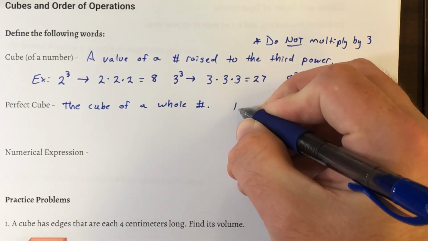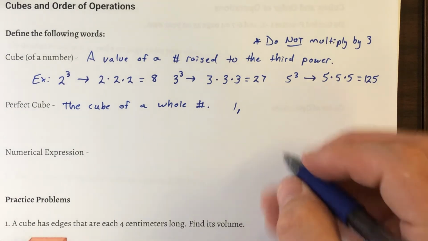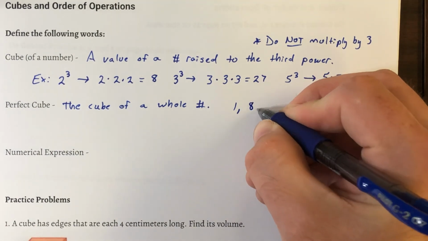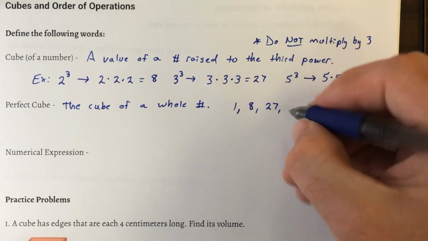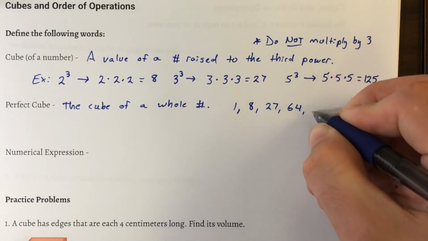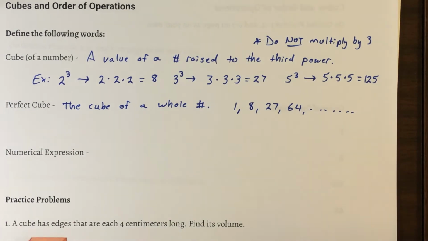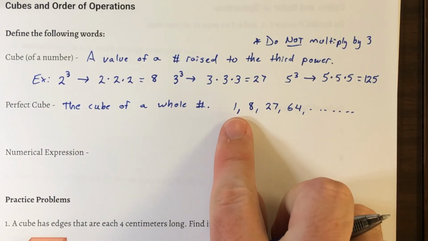So our first perfect cube is 1. Our next one is 8. Our third perfect cube is 27. Our fourth perfect cube is 64. And the list goes on and on. Now, where do we get 1?